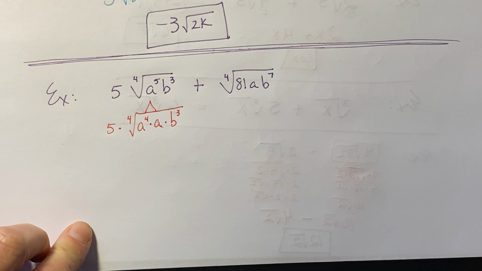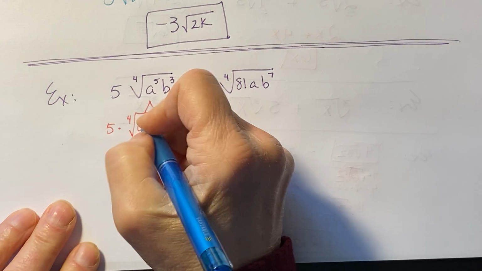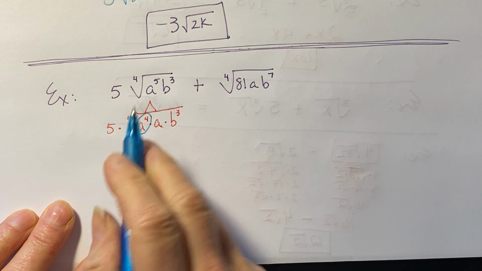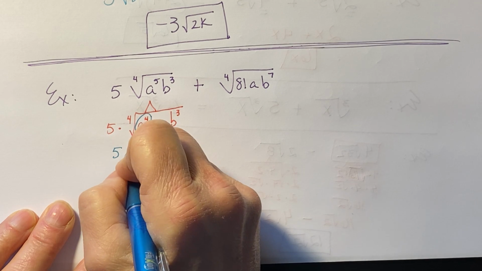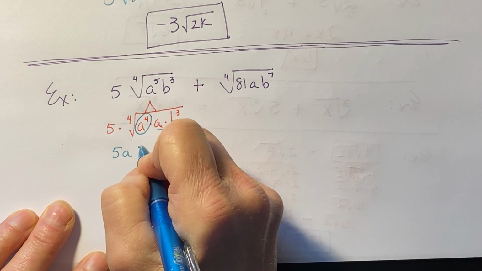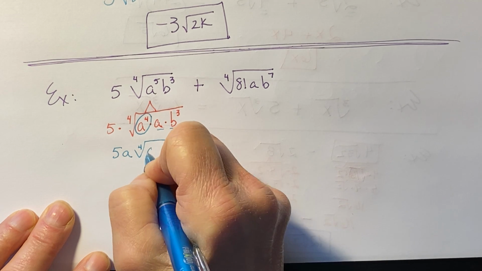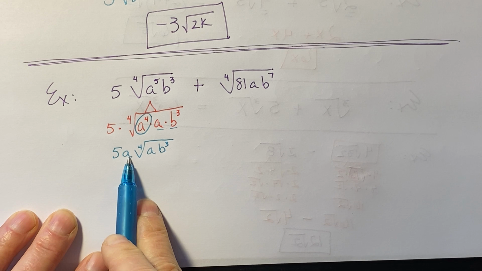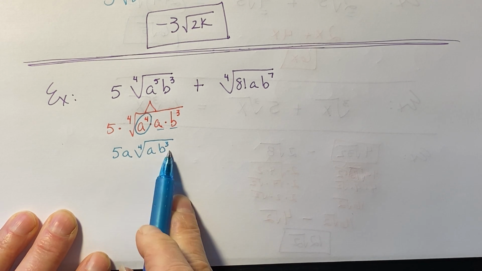So where's my perfect square, or not square, sorry, my perfect 4th root is right here. The 4th root of a to the 4th is a. So this is 5a, that's underneath the radical still. So it's the 4th root of a b cubed. So 5a times the 4th root of ab cubed.